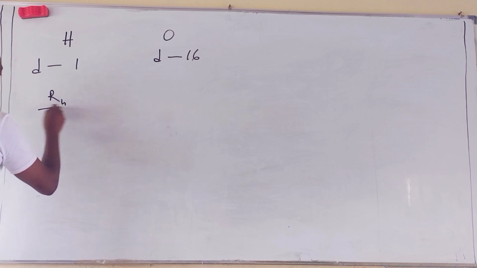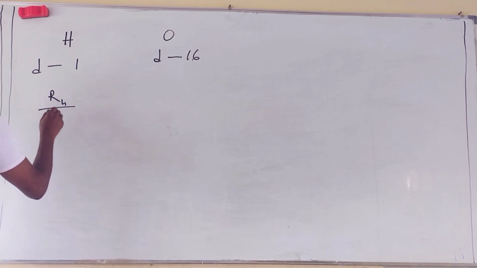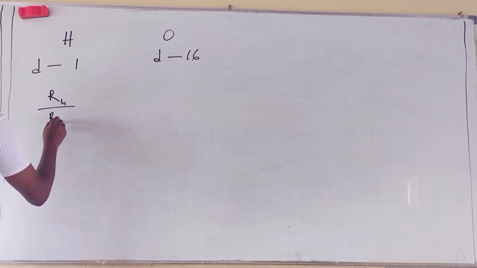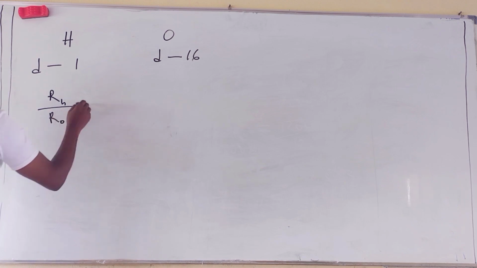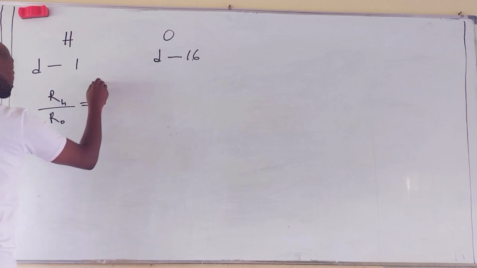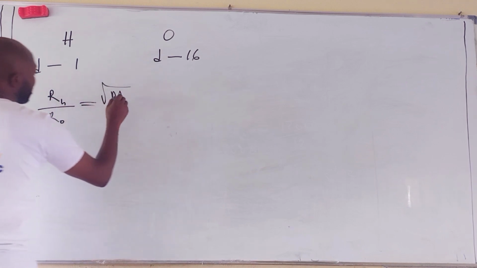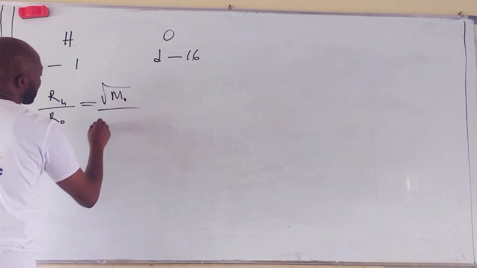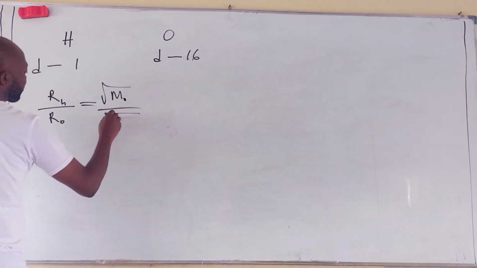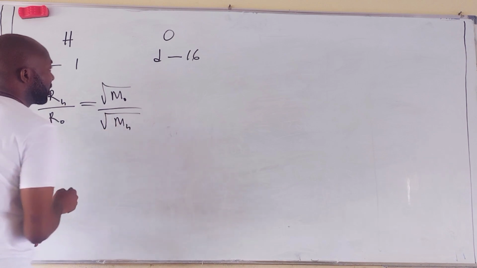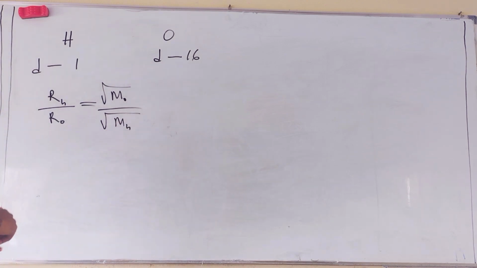which is my arrow 1. This is my arrow 2, rate for oxygen. This equals the root of M2, which is of oxygen, over the root of M1 for hydrogen.